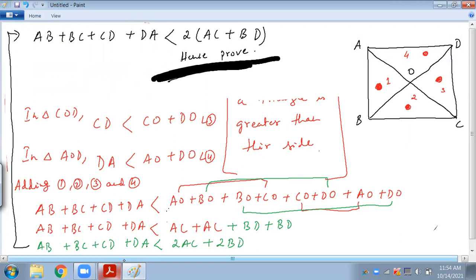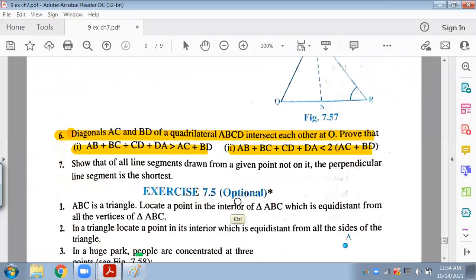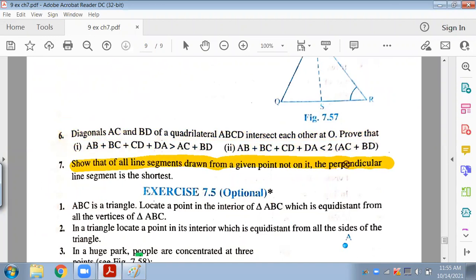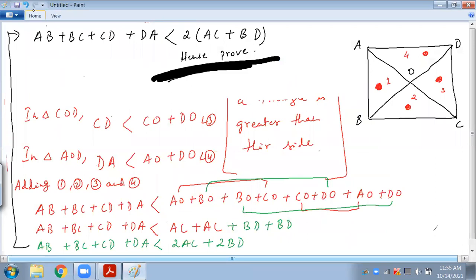Okay, next we'll see question number 7. Of all the line segments drawn from a given point not on it, the perpendicular line segment is the shortest. So there is a line segment AB.